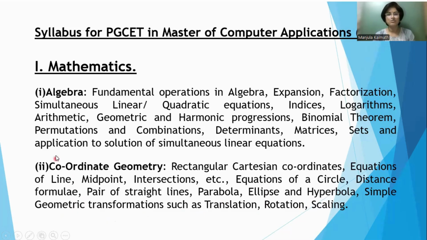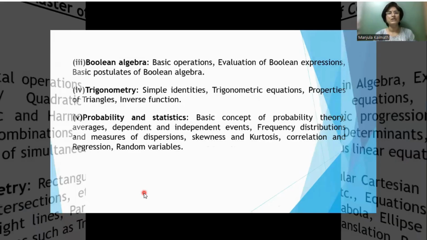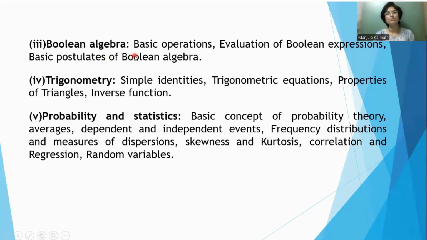All these you are going to learn in coordinate geometry. Then next comes Boolean algebra: basic operations, evaluation of Boolean expressions, basic postulates of Boolean algebra. Next is trigonometry: simple identities, trigonometric equations, properties of triangles, and inverse functions.